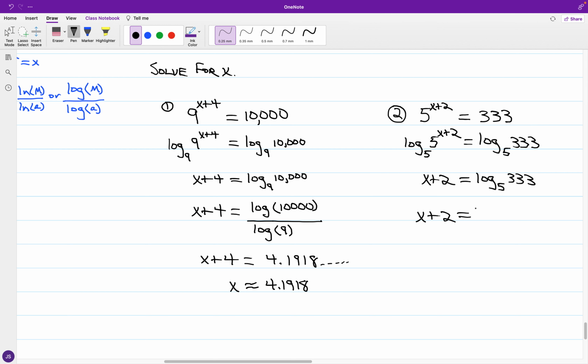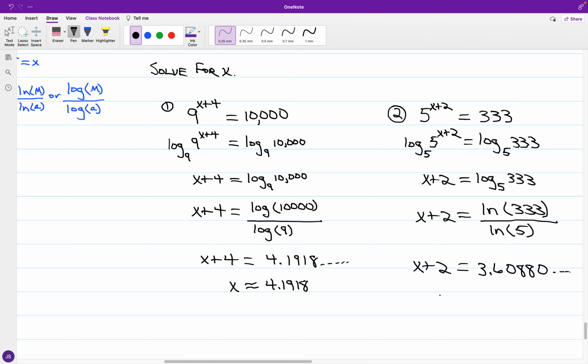And here I can apply the change of base formula. I'll just go with the ratio of natural logarithms. It'll still work for base 10. So we've got x plus 2 equal to the ratio of the natural logarithmic terms, the natural logarithm of 333 over the natural logarithm of 5. Among the first digits, you have 3.60880.